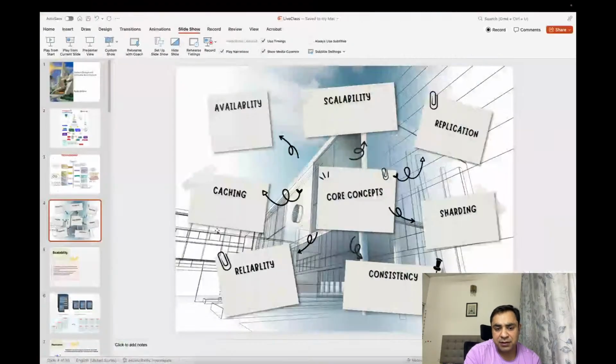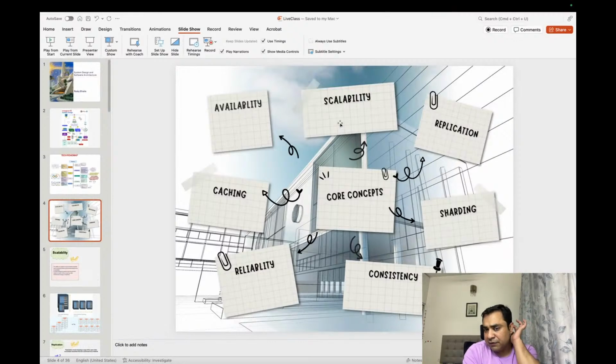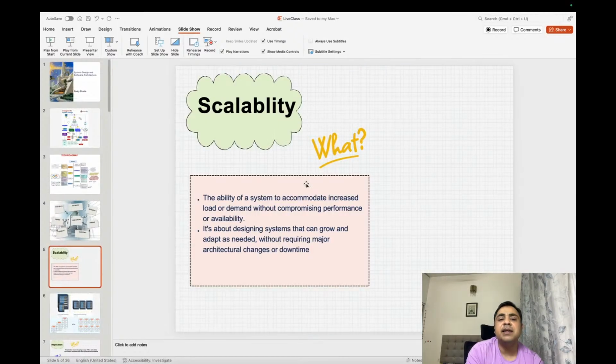Now, from the content side, scalability we have talked about at a high level, replication we have talked about, and a few concepts we will talk about later. Scalability is the ability of a system to accommodate increased load or demand without compromising performance or availability.